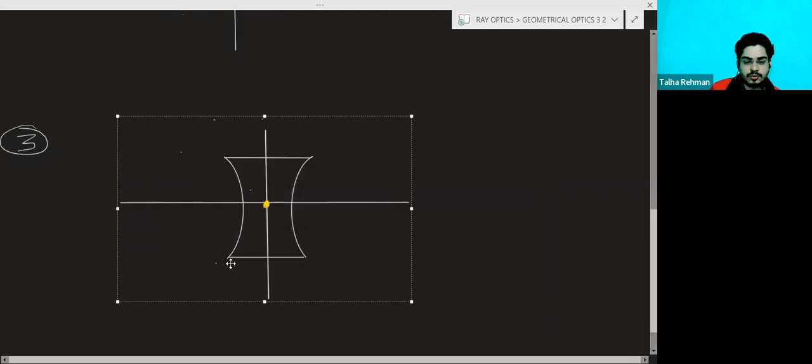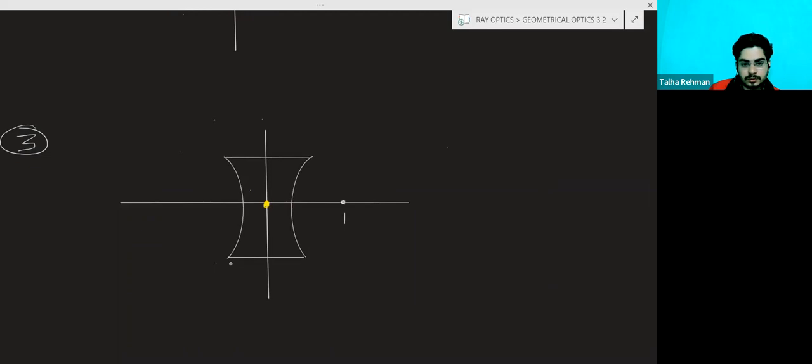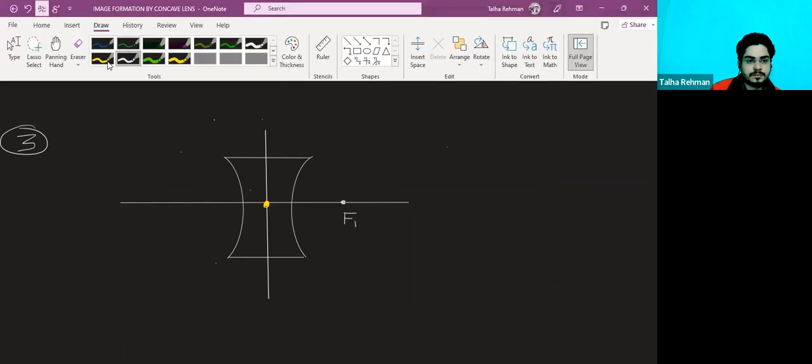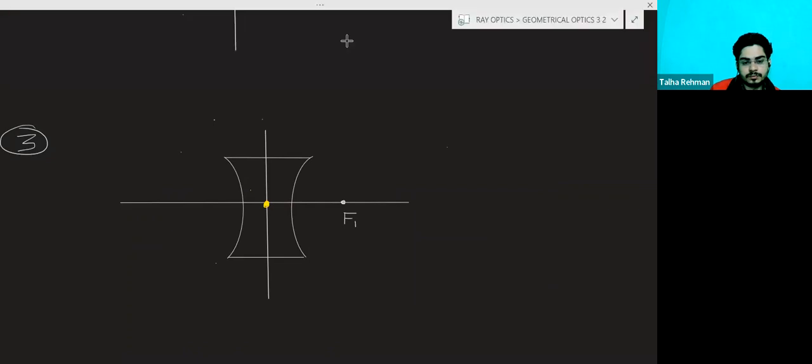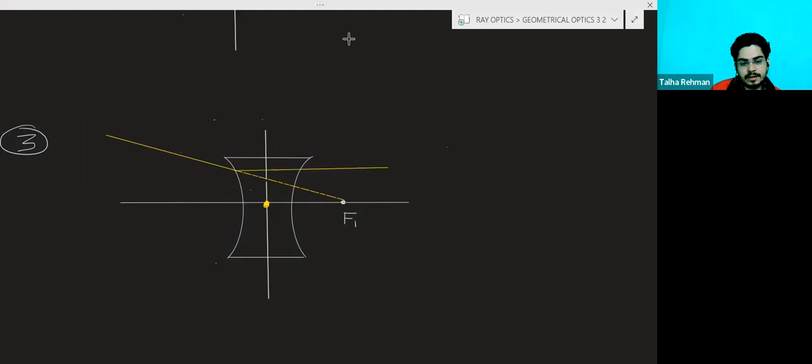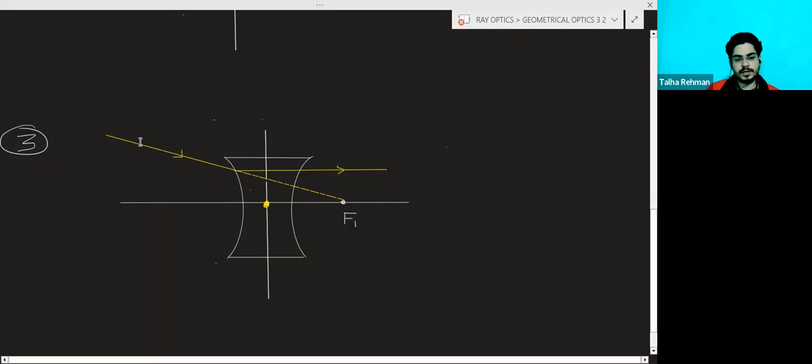Number three, if a ray of light is going toward the focus, this is F1, after passing through the lens, it will become parallel to the principal axis.